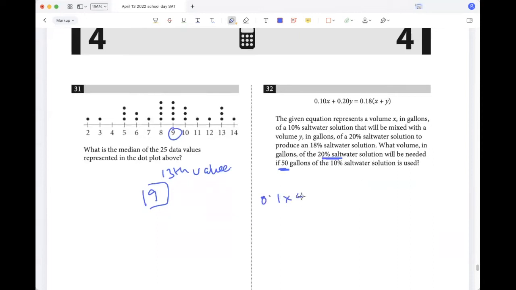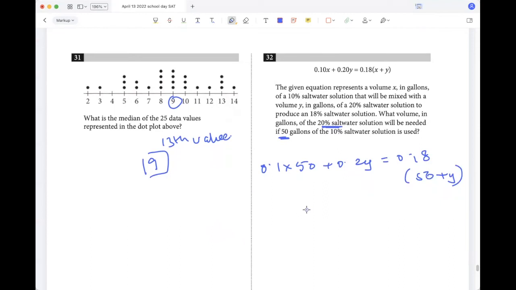So 0.1 into 50 plus 0.2Y is 0.18 into 50 plus Y, right? So that's 5 plus 0.2Y is 0.18 into 50 plus 0.18Y.